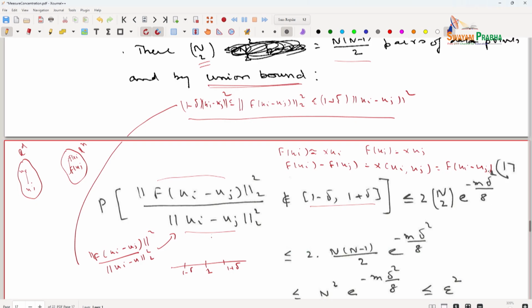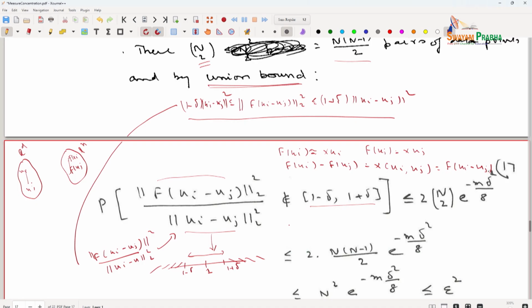If this ratio is in between these two intervals, that's what the bound is. So, one way of trying to find what is inside this is to find out what is outside. So, this is 1 minus the probability of being what is outside. So, this is the probability not belonging to 1 minus delta, 1 plus delta. I hope you understand these are standard probabilistic arguments.